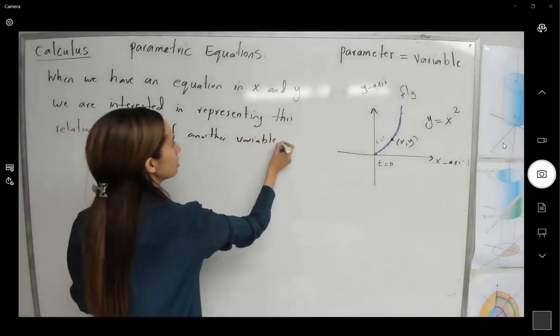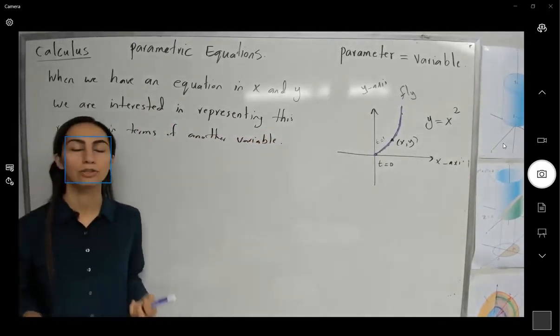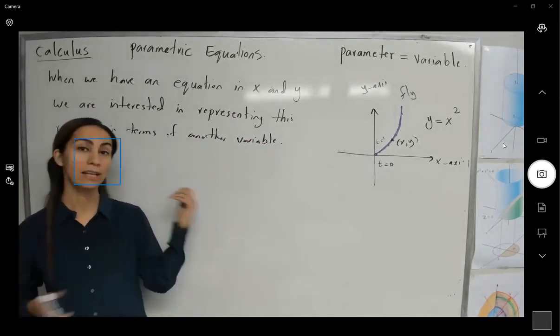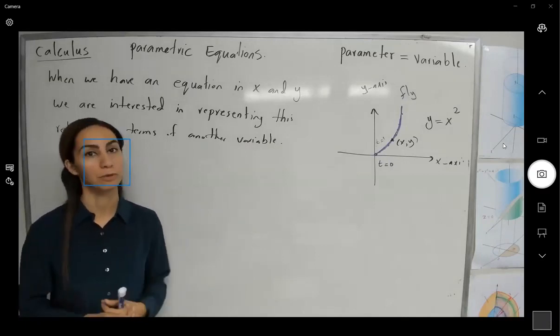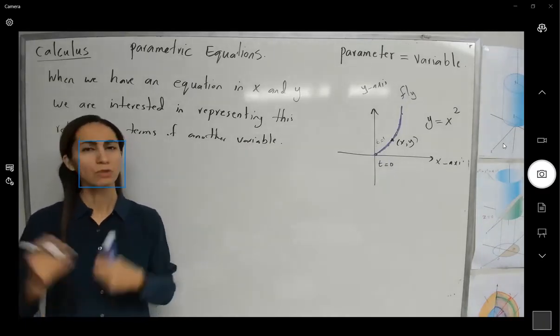Later on in multivariable calculus, you learn how to introduce 2 or more parameters and write x and y in terms of those parameters. But for elementary calculus, we're just interested in one parameter.